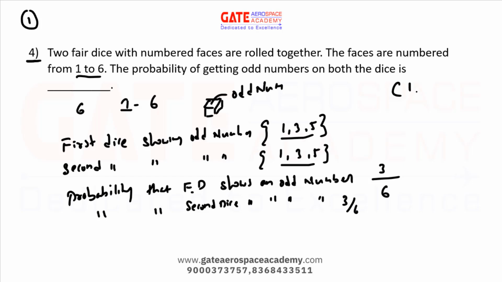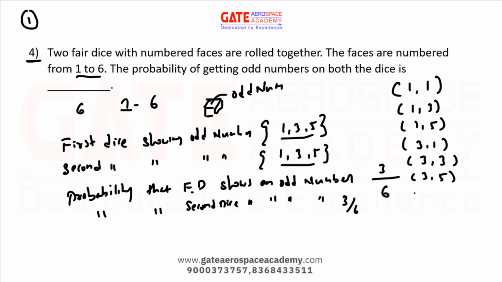Here can be 1 comma 1, 1 comma 3, 1 comma 5, 3 comma 1, 3 comma 3, 3 comma 5, and 5 comma 1, 5 comma 3, 5 comma 5. These are the possible outcomes, right? Here we can see 1, 3, 5 and 1, 3, 5. So these are the possible outcomes.